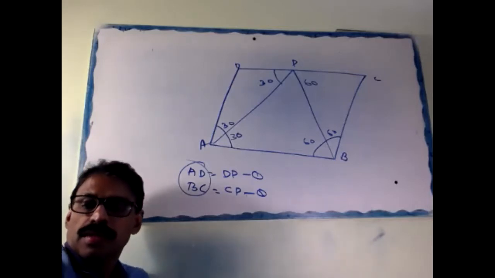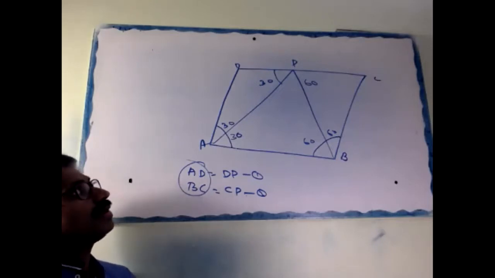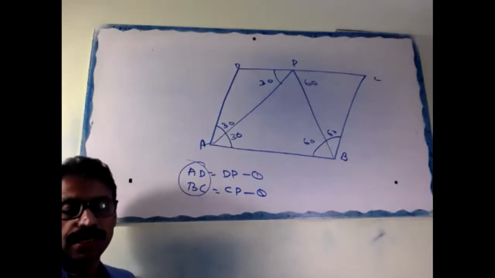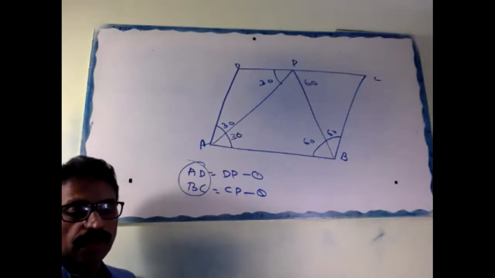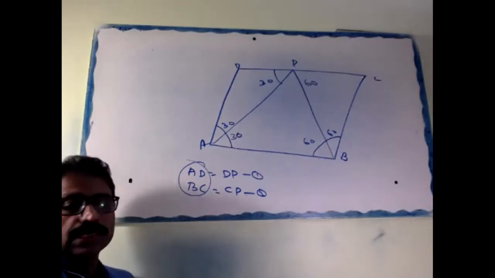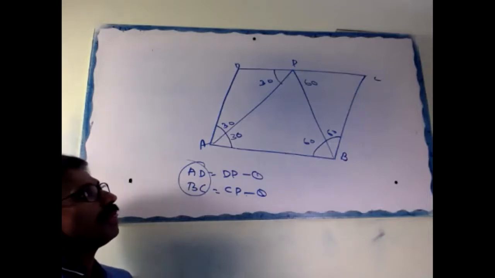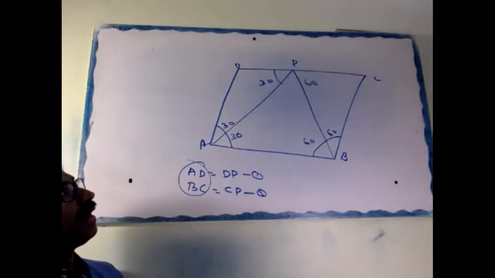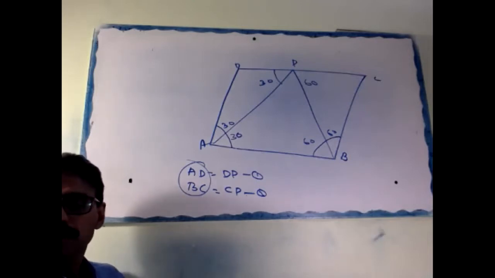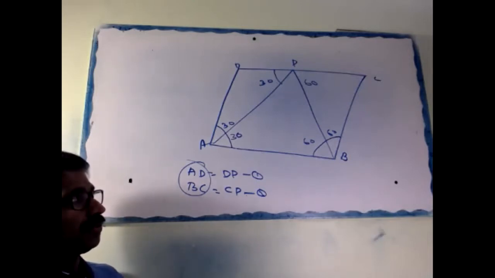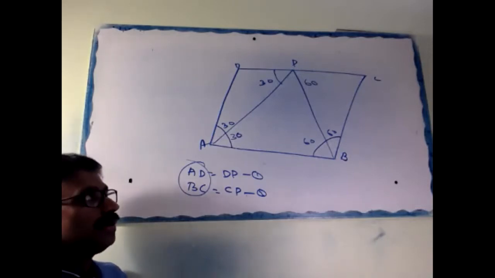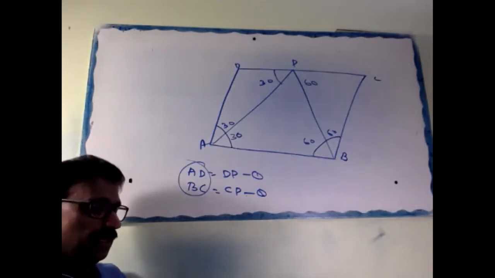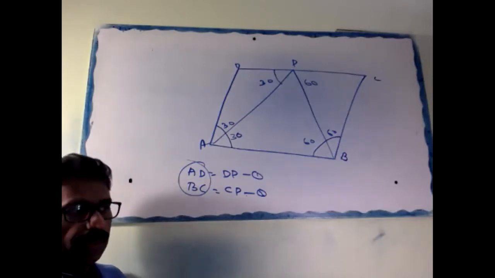Okay. You want the note? Angle DAB is 60 degrees, given. Therefore, angle DAP equals angle PAB equals 30 degrees, since AP is the bisector.